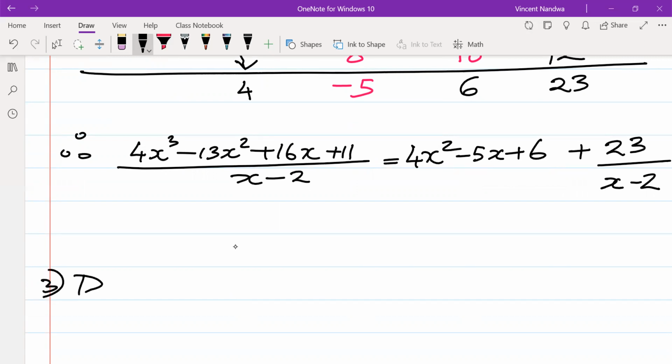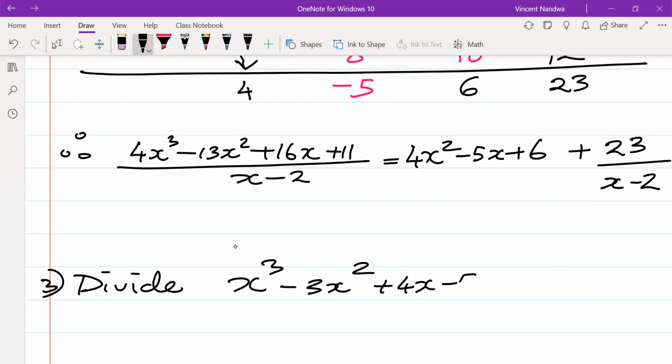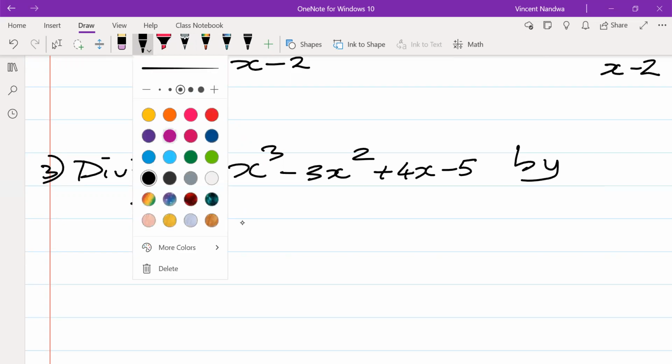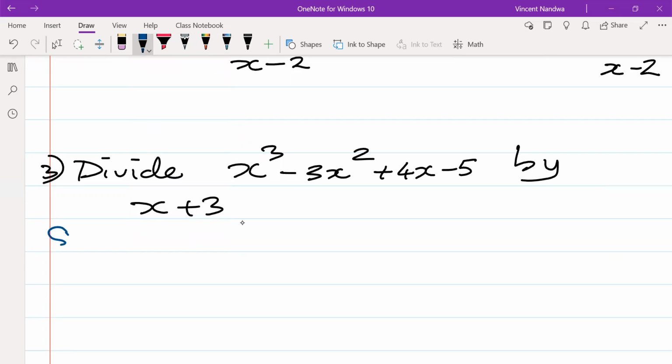Number 3. Divide x power 3 minus 3x squared plus 4x minus 5 by x plus 3. So remember, the process is to have a polynomial p of x over x minus k.